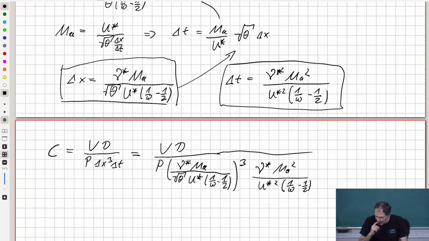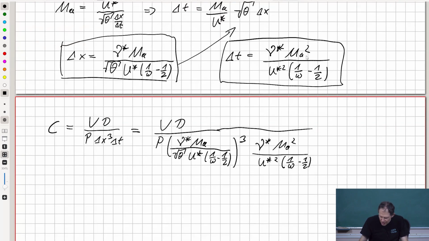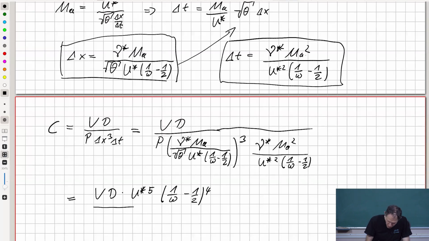Yes, and that's it. You can rewrite this a little bit to give you volume times duration times the velocity now to the fifth power, 1 over omega minus 1/2 to the fourth power, and nu star to the fourth power times the Mach number to the fifth power, and this becomes minus, is it really minus?